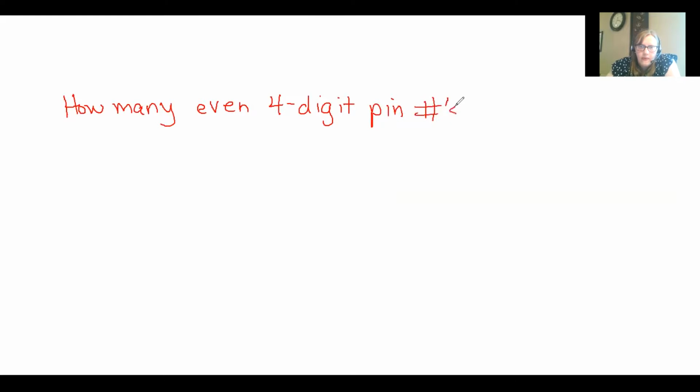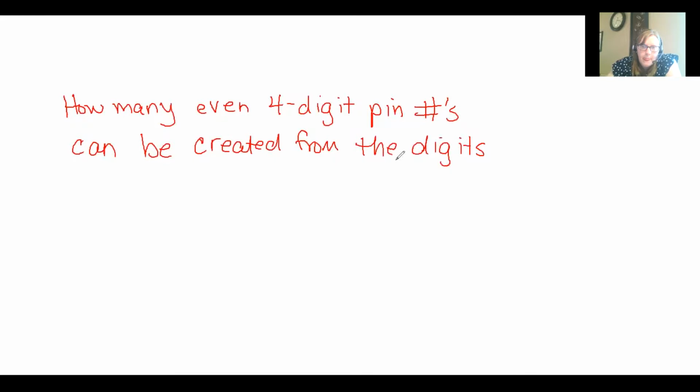Okay, all right, so let's look at another example. How many even 4-digit PIN numbers can be created from the digits 0 through 9?